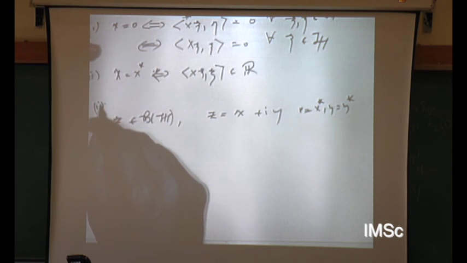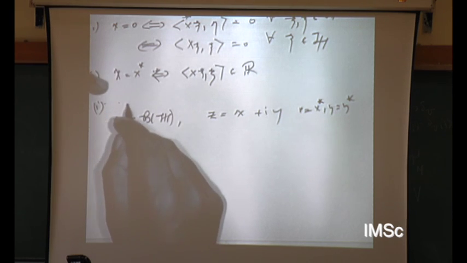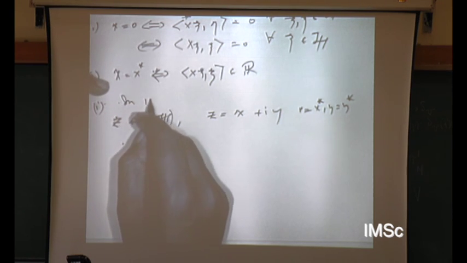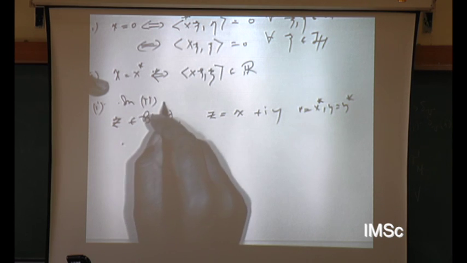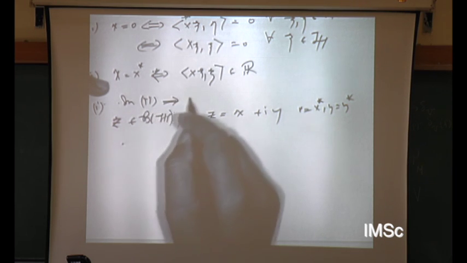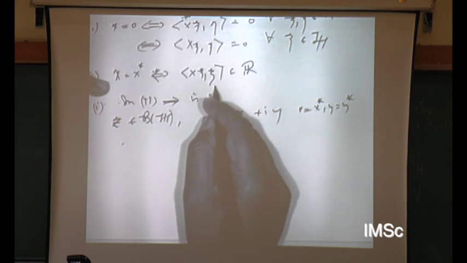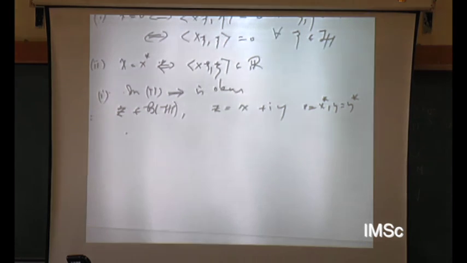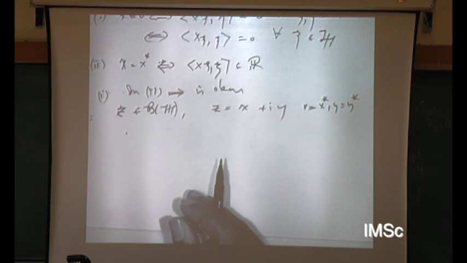So first I observe that this way is obvious, because you can take, by definition of the adjoint and Hermitian symmetry of the inner product.